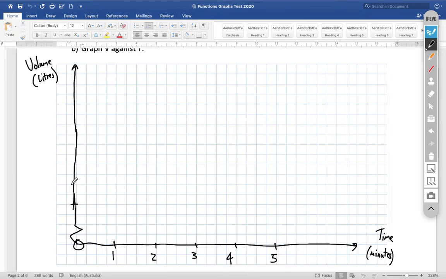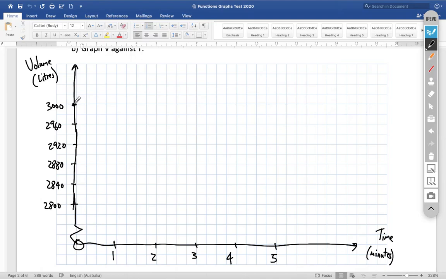Maybe I'll go up in 40s, just to try and make the graph a bit bigger, space things out a bit more. 2,800, 2,840 litres, 2,880 litres, 2,920 litres. You get the idea. 3,000.